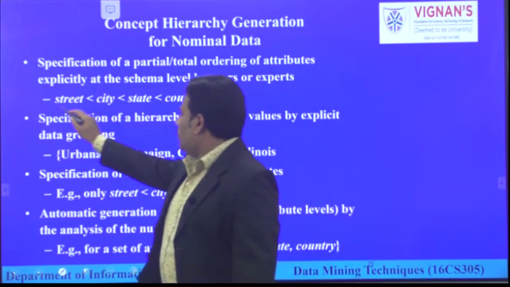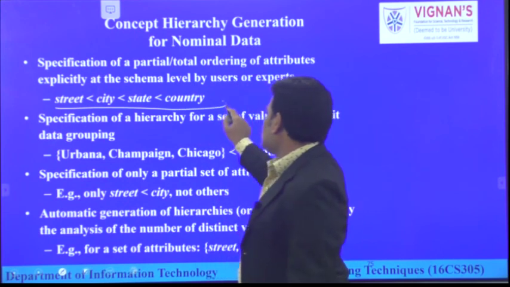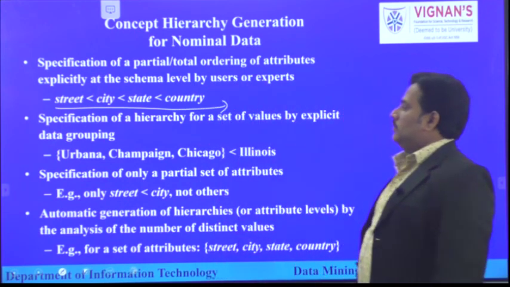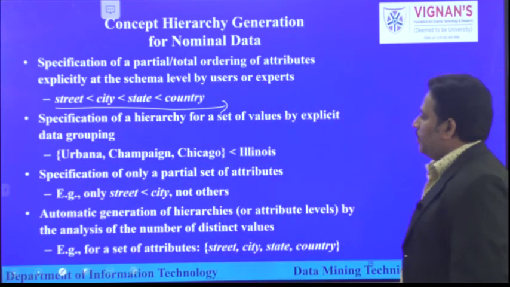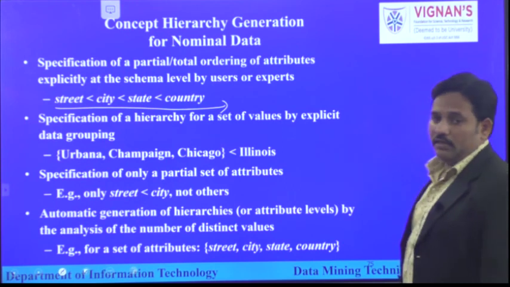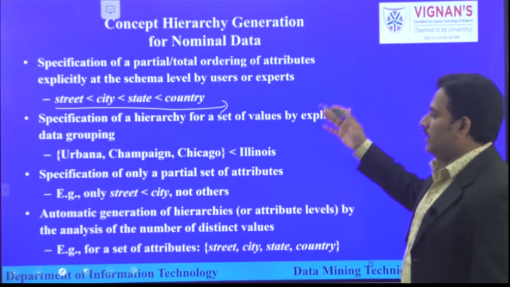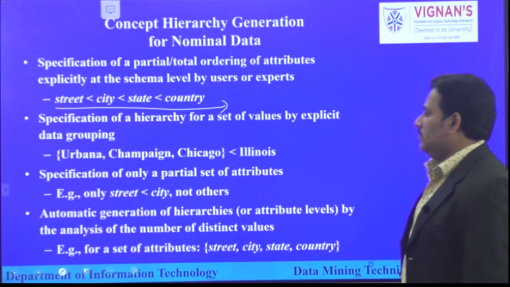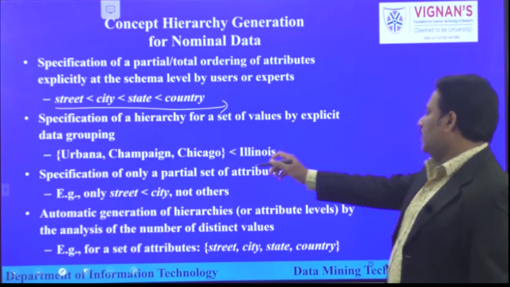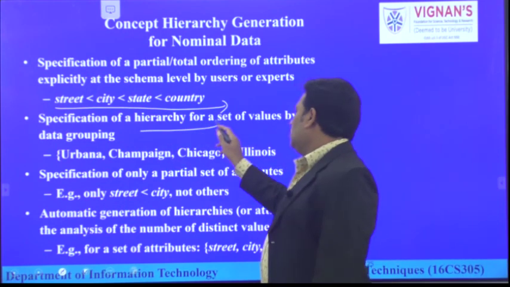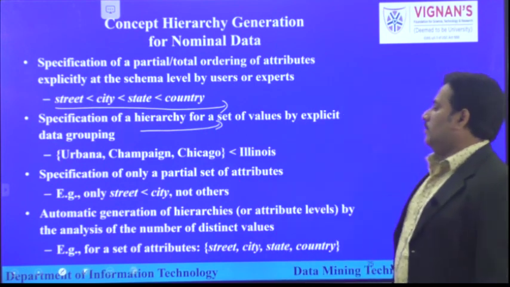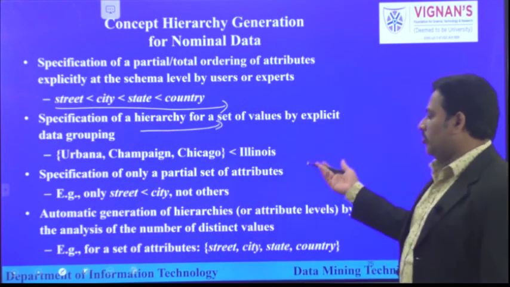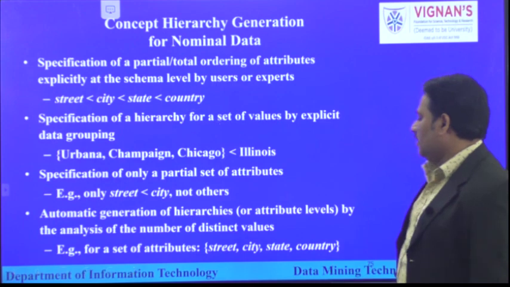Like when we are representing the residential address, we can divide it like street, city, state and, in hierarchy, country. That means in a hierarchical approach we can represent the data. The specification of hierarchy for a set of values is explicit data grouping. It depends on the requirement how best we can use this hierarchy.